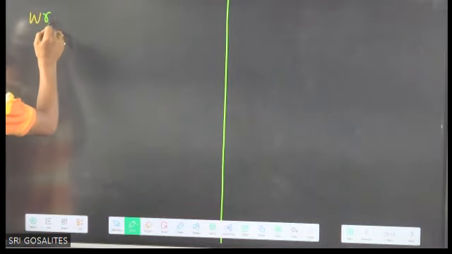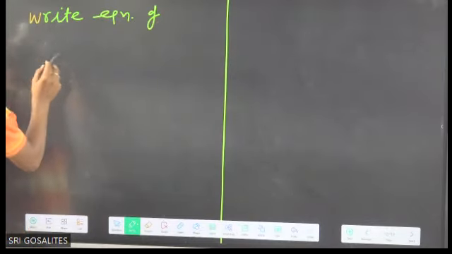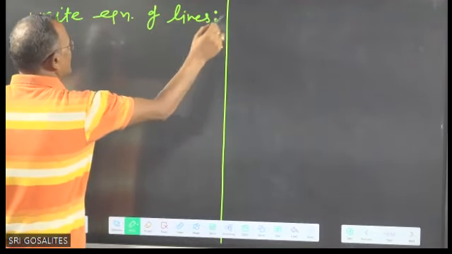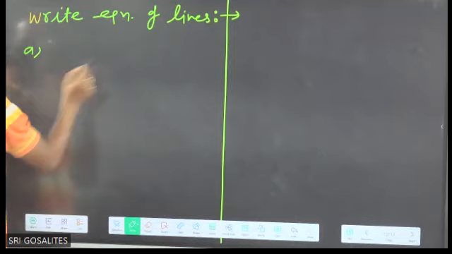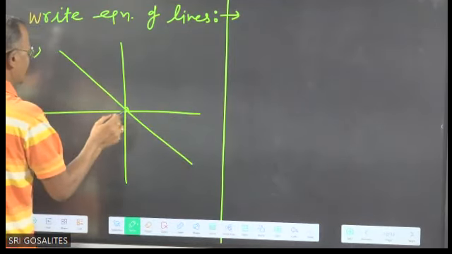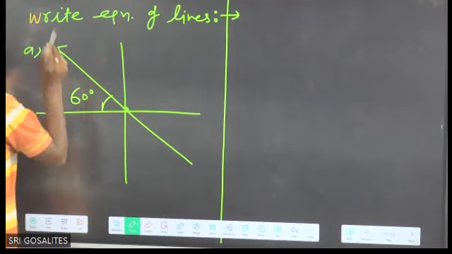I'm giving you two questions now. Write the equation of the lines. First line: suppose this is like this, and this angle is given as 60 degrees.